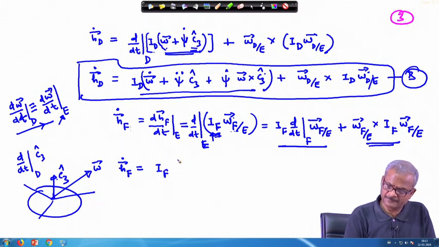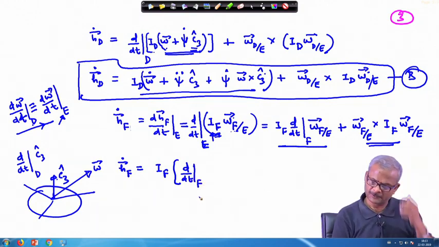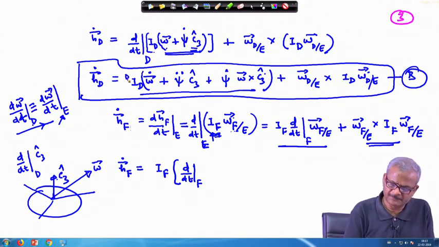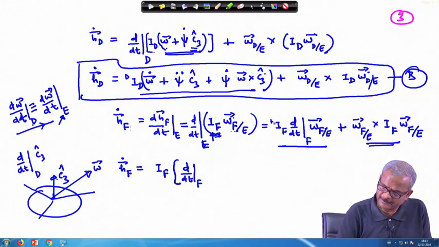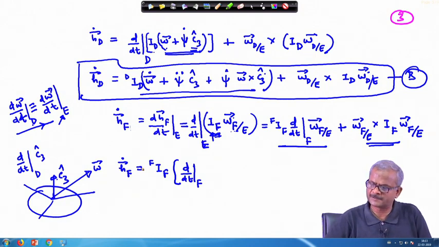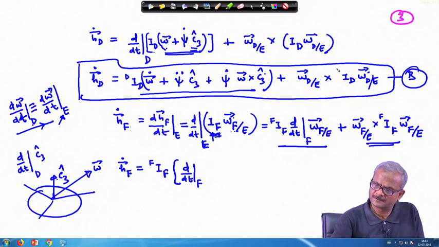So, this becomes I f times d by dt, and remember, while I am writing I d here, it is defined in the D frame itself, and this is defined in the F frame itself. Putting so many subscripts makes things complicated.